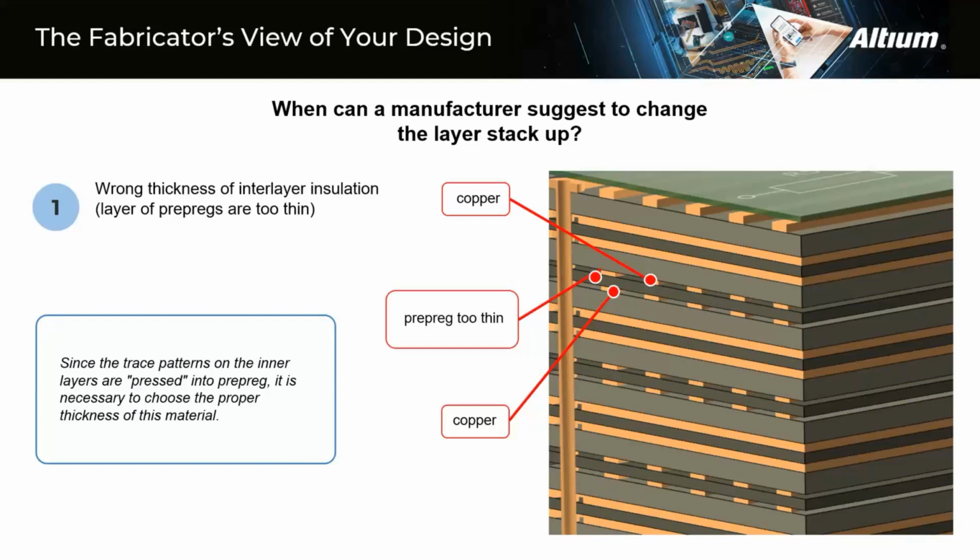It can be pressed into the internal dielectric material, and the resultant spacing between the adjacent layers will be unacceptable. It is recommended to more carefully calculate the layer stack-up, taking into account the thickness of the board, and the thickness of the copper and dielectric layers. Using the board fabricator's standard stack-up recommendation can serve as a guarantee that the layer stack is correct.